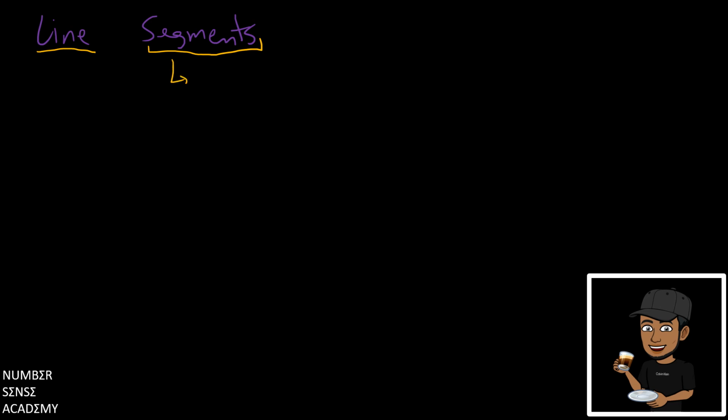So a segment would be just a portion or a part of a line. We're actually looking at taking our typical line and then breaking it out into parts or pieces or components, whatever you wish. So that would be a part of the line.